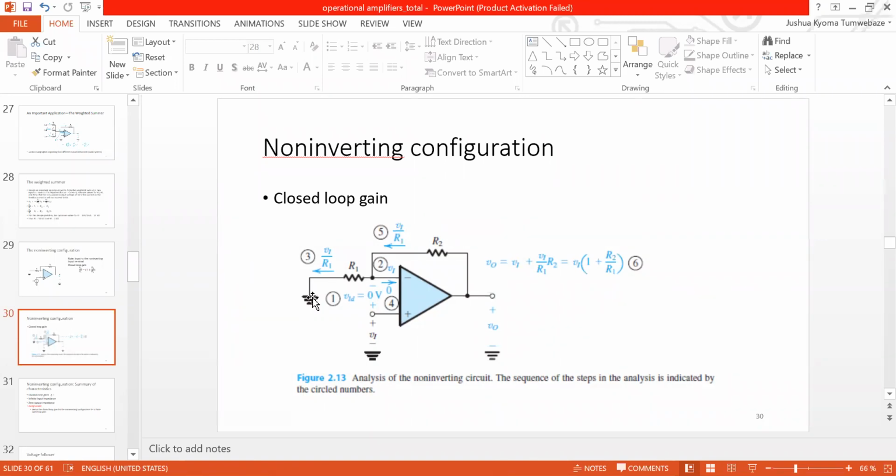That is what we expect. It will flow from a higher potential to a lower potential. So that is why the direction of current is as shown.